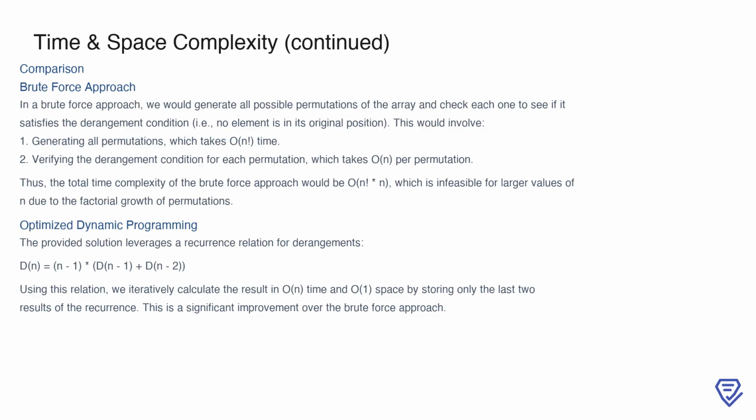In contrast, the optimized dynamic programming solution uses the recurrence relation d(n) equals (n minus 1) asterisk (d(n minus 1) plus d(n minus 2)). This allows us to iteratively compute the result in O(n) time in O(1) space by keeping track of just the last 2 results. This optimization represents a dramatic improvement over the brute force method.